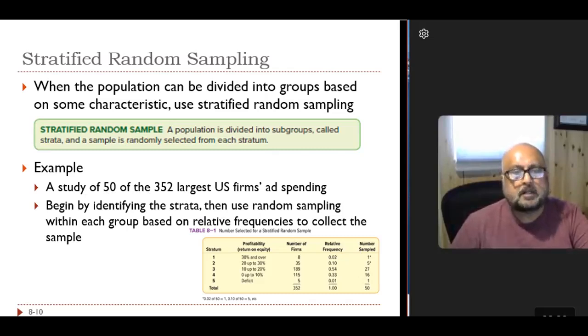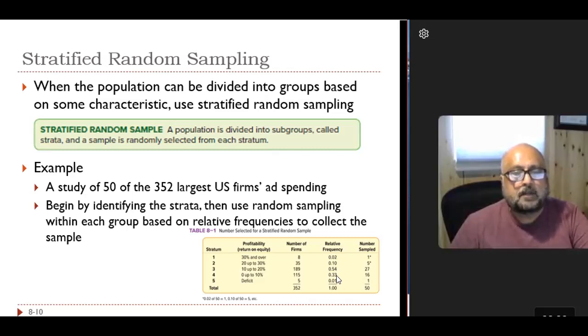Okay, and similarly, if we look at another one, which is 0.10, the second entry here, the second stratum or group, what is the probability that a firm will be selected from this? So 50 times 0.1, which gives us the number of samples. So this is 5 of them, right?